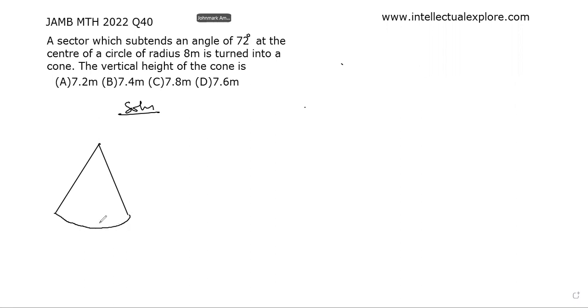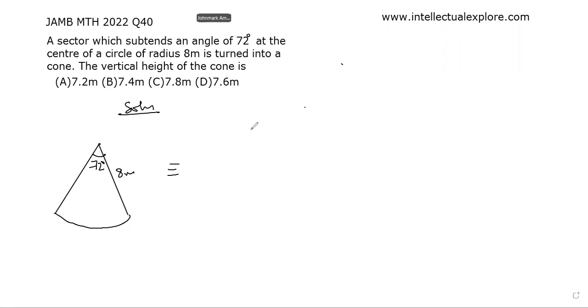So the radius is 8 meters. So here is 8 meters. It subtends an angle of 72 degrees. 72 degrees. This is the shape called a sector. Okay, it's turned into a cone.